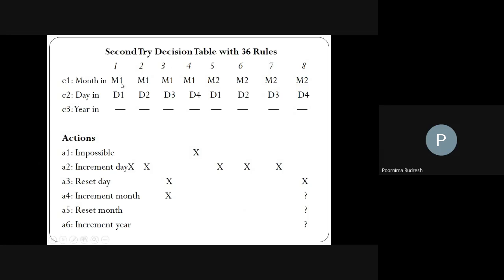M1 is the month which consists of 30 days, right? So how many months consist of 30 days? April, June, then September, then November. So those months we are considering here. D1, what is the D1 value?